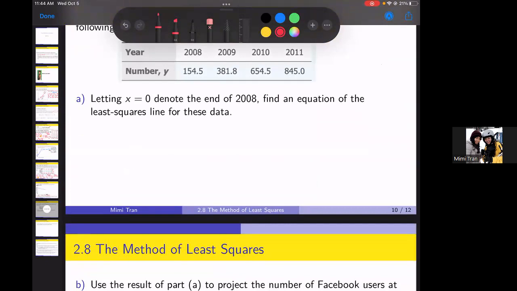Go to announcements. You can control F to find it. Say bonus right here.